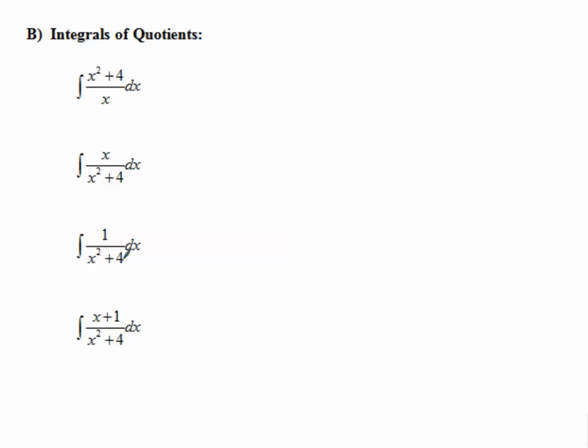So 4 scenarios here. Here's the first scenario. I ask myself in this first scenario, can I divide or split it up? And in this scenario, yes, I can. So if I'm asking myself if I can divide or split up, that's just another fancier way to say divide, then my integral looks like this.